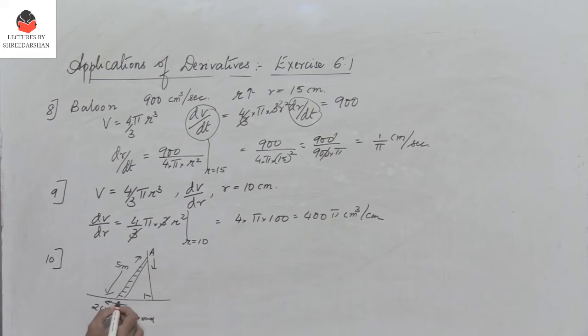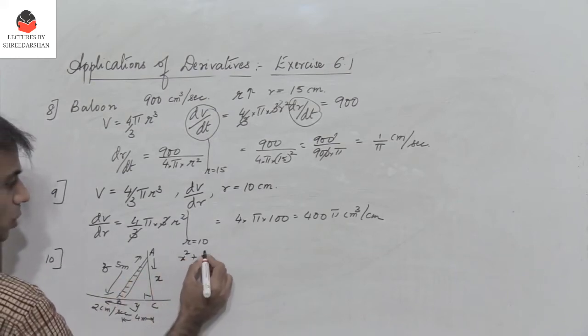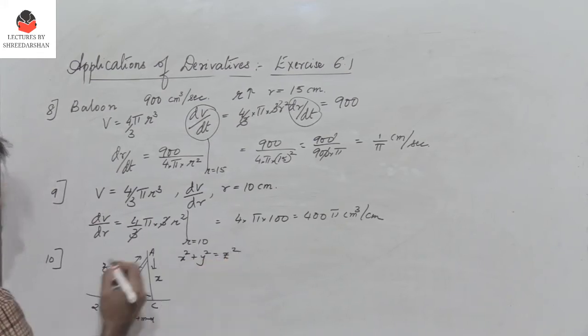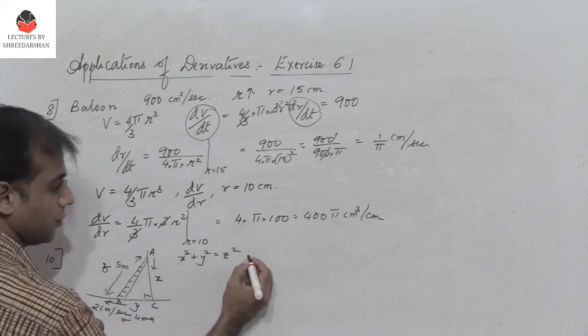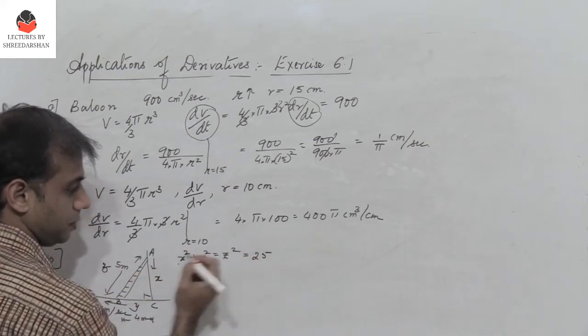So I can consider this to be ABC. If this is Z and this is X and this is Y, we know that X squared plus Y squared equals Z squared. And Z is 5, so this is 25.